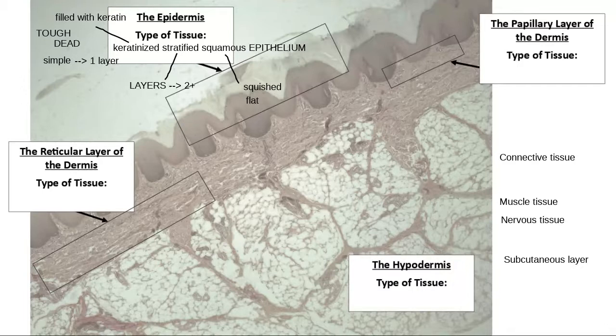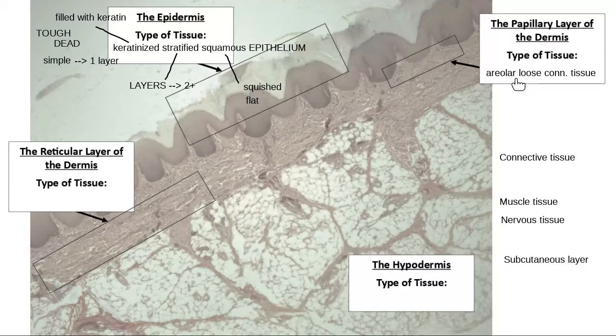Yeah, so Kira's right for us. She'll save us some typing here. Areolar loose connective tissue. This is the kind of connective tissue that we usually talk about as the prototype, or the most basic type of connective tissue.